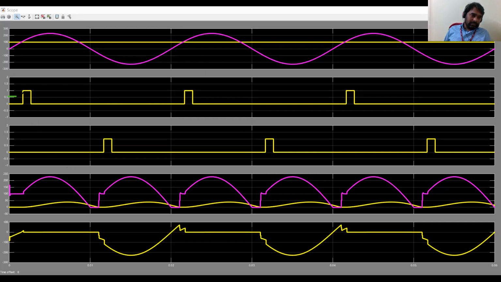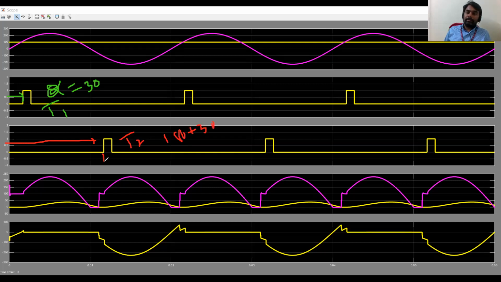But see, this is alpha, which is 30 degree, and it is given to T1. Now T2 is triggered at 180 plus 30.